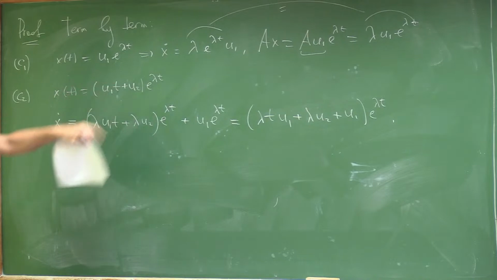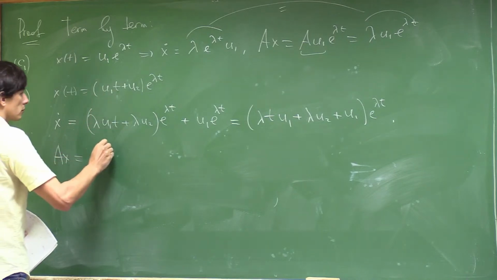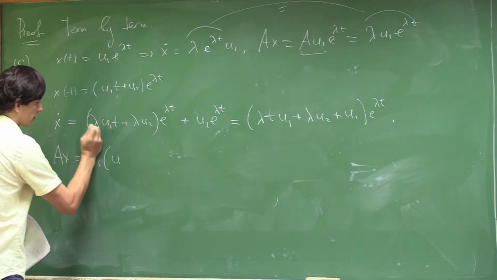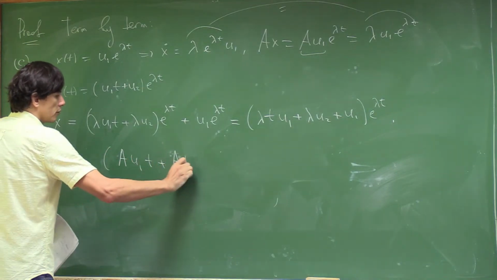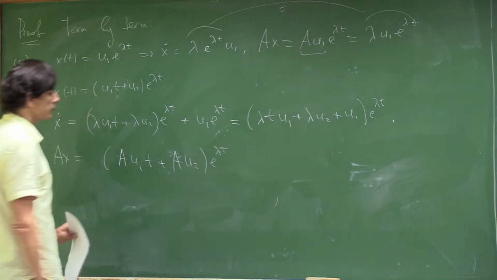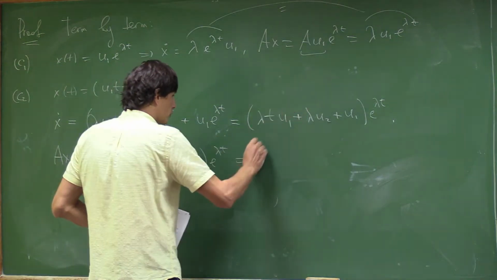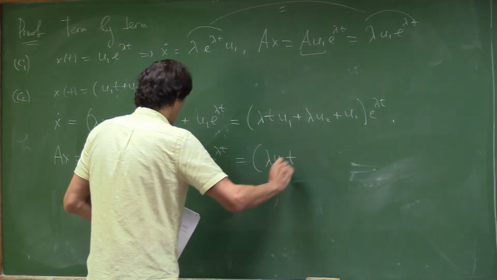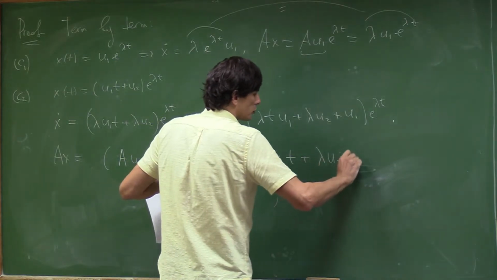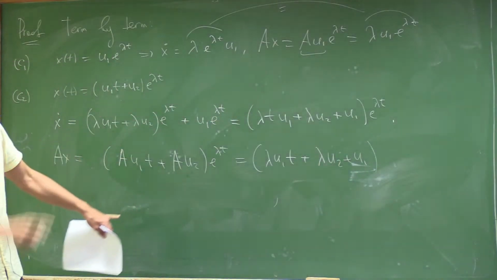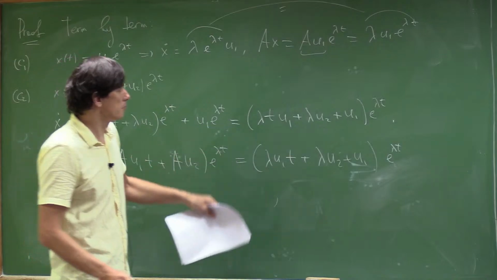Then we have to check what A x is. Let's put A inside: A u1 t plus A u2. But A U1 is lambda U1 from the first equation, and A U2, remember, is lambda U2 plus U1 from the second equation. And now you see that this is the same.